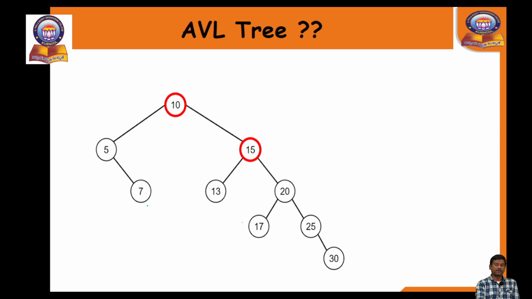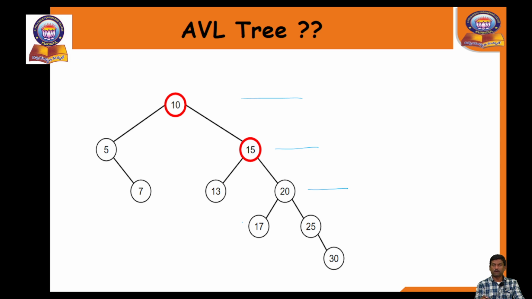Similarly, consider 5 and 7. 7 is less than 10, so the properties of the binary search tree are satisfied. 7 is greater than 5, which is why it is kept as the right child of 5. So it is satisfied. Now if you consider the levels, this is level 1, level 2, and level 3.